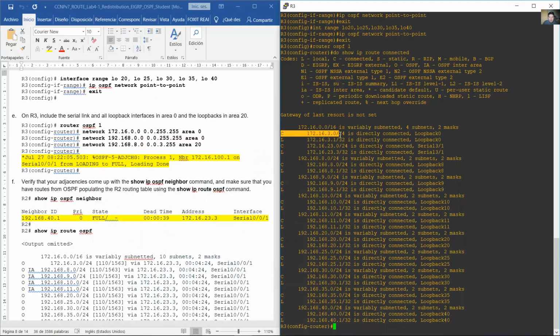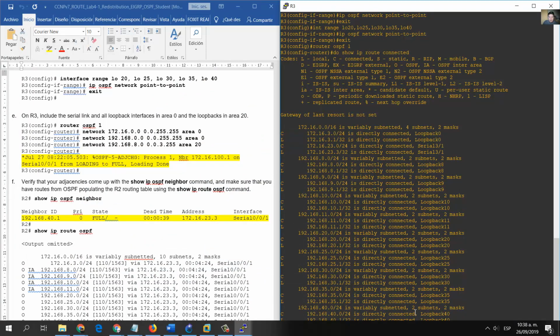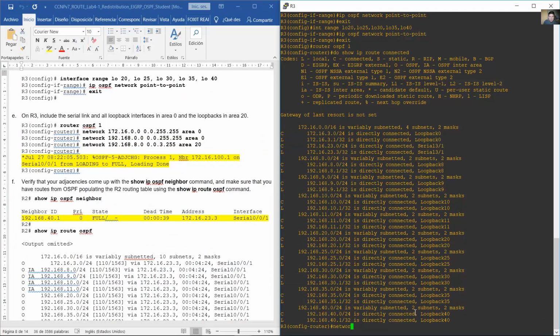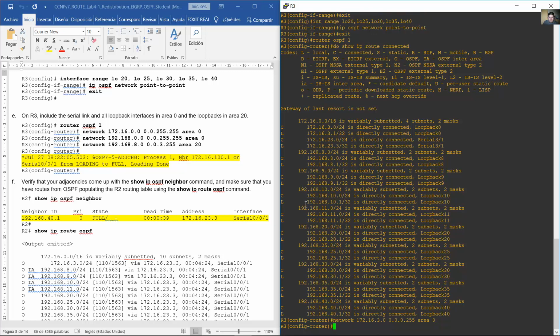Okay, start with this. This is the loopback 0, area 0. Serial 31 is 23.0, also in area 0.